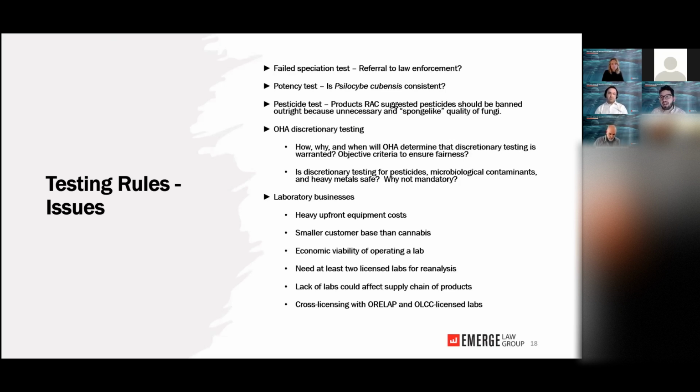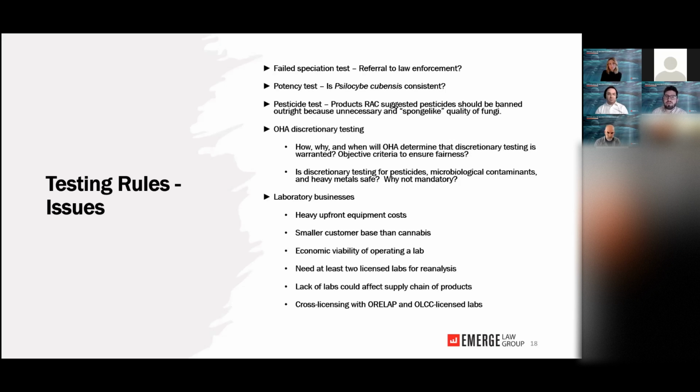Although Measure 110 has decriminalized other types of psychedelic mushrooms, that doesn't mean that they are lawful. So will OHA require the labs to refer those negative tests to law enforcement? Will a lab technically even be allowed to possess non-Psilocybin cubensis? That has to be worked out.